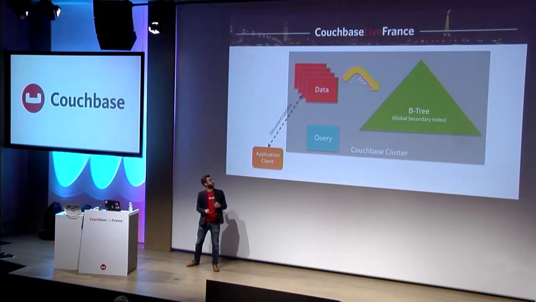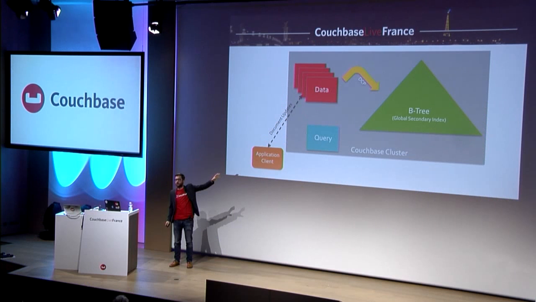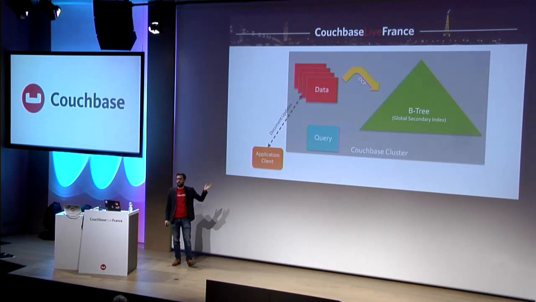So from a topology point of view, if you make direct document updates to Couchbase, they go directly to the data nodes. The data might then stream from the data nodes into an index, the global indexing service. The query service is not involved here. I'm just saying set this document, get this document. And in this case, the application client might well be a Spark worker.